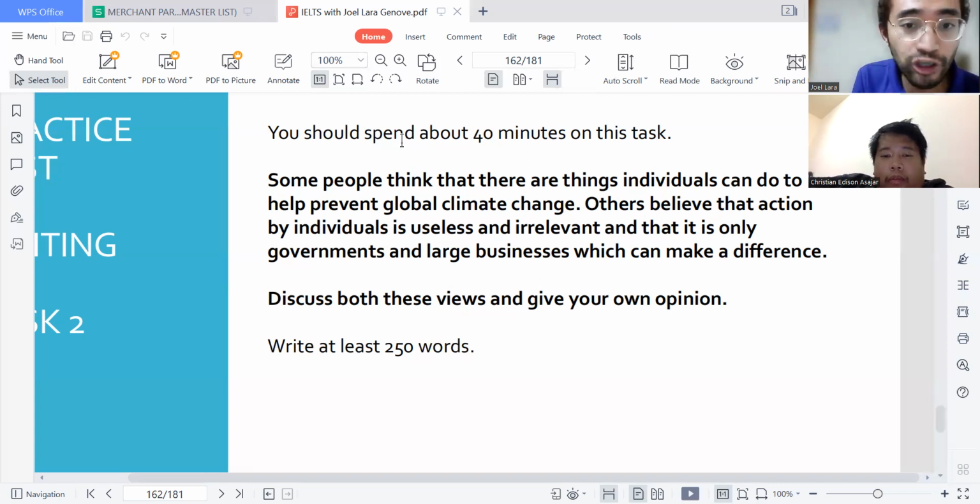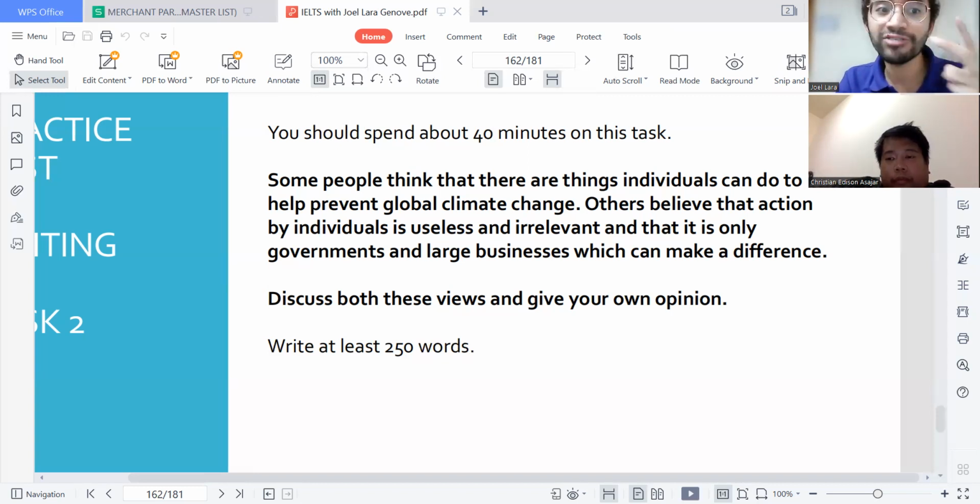There are three major parts of your essay: opening, body, and closing. Your opening ideally would have 2 to 3 sentences. Your body, this is the formula I created, should have 2 paragraphs.